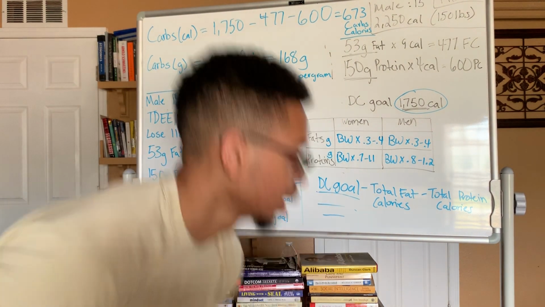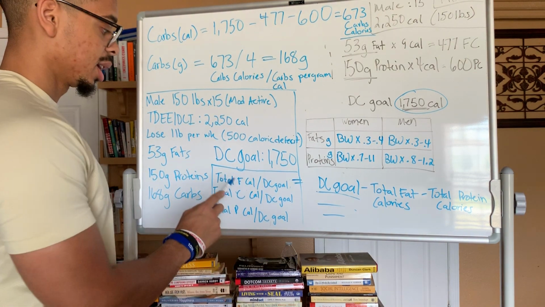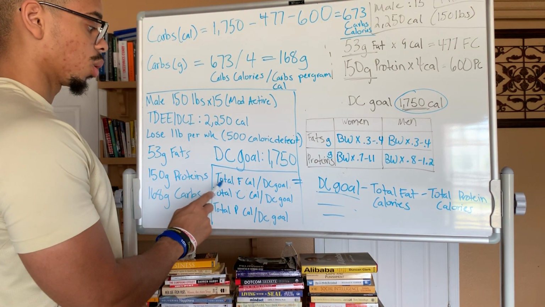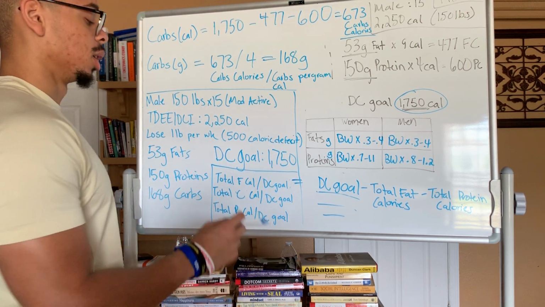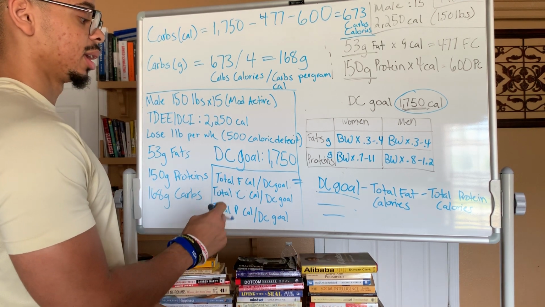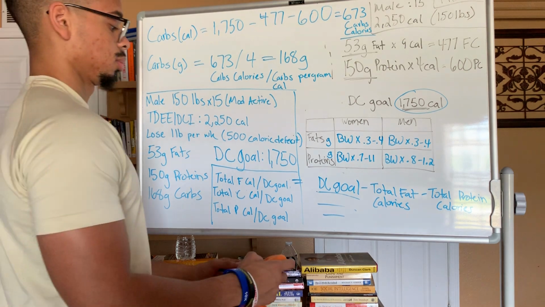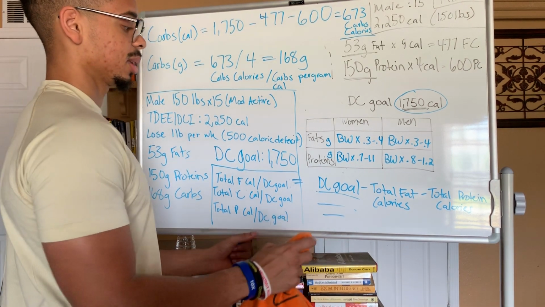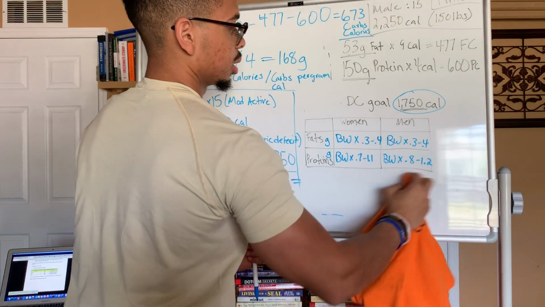Let me erase this section really quick. What he would do to get the percentages to put in MyFitnessPal is divide total fat calories by the daily calorie goal. He'd do the same thing: total carb calories divided by the daily calorie goal, and total protein calories divided by the total daily calorie goal. These are tongue twisters.